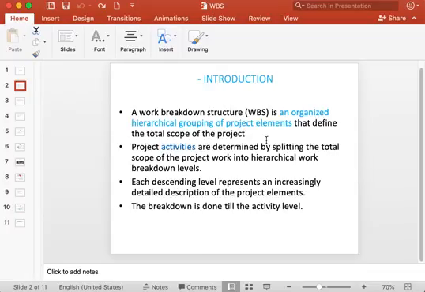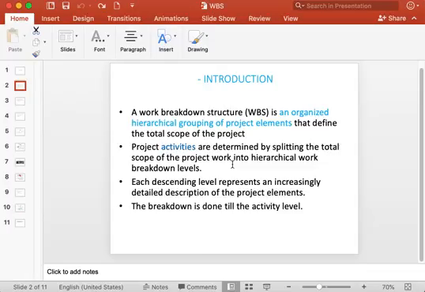Using work breakdown structure, project activities are determined by splitting the total scope or work of the project into hierarchical work breakdown levels.